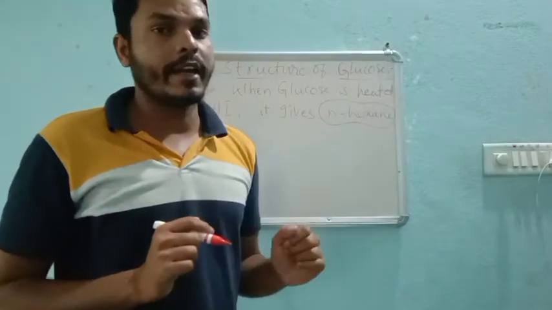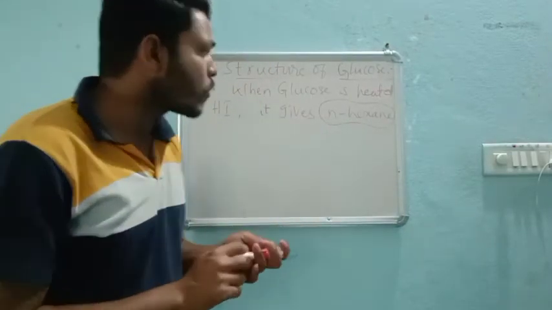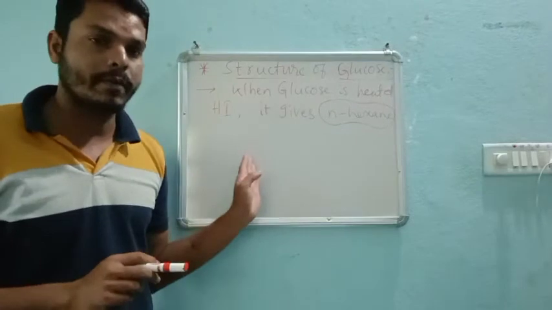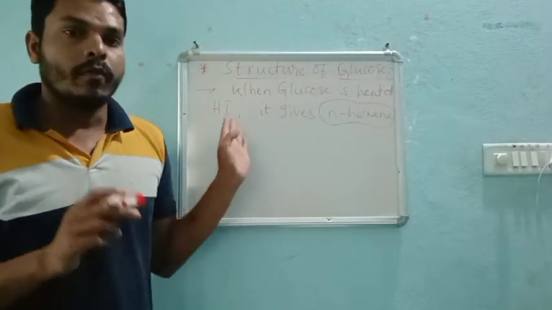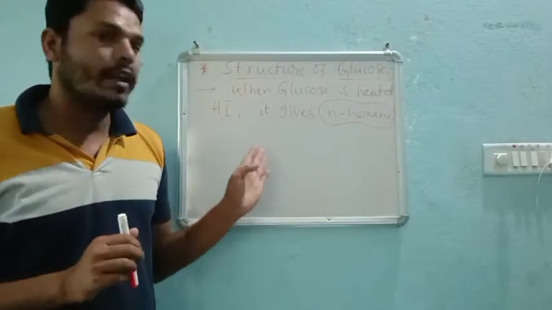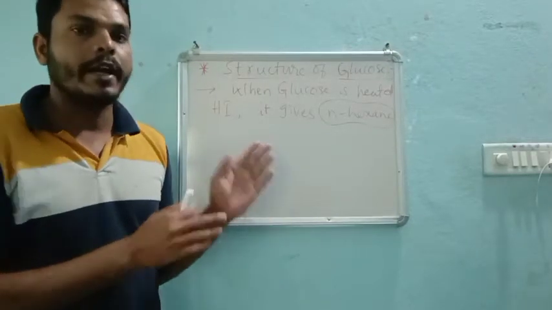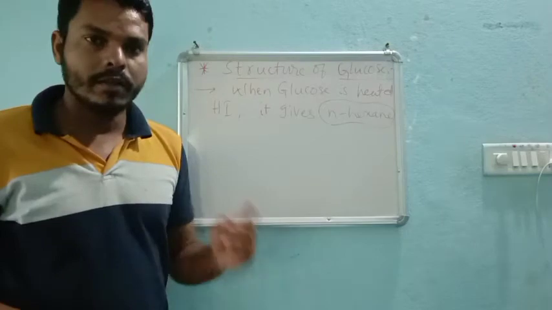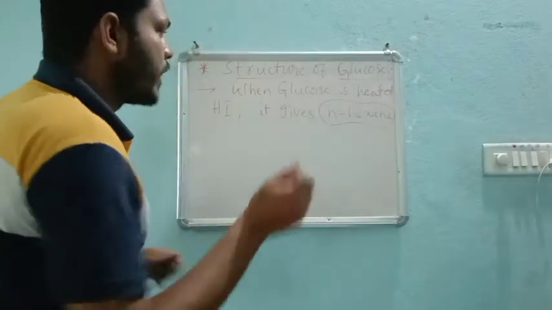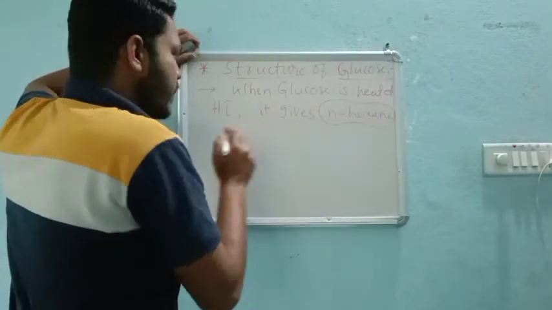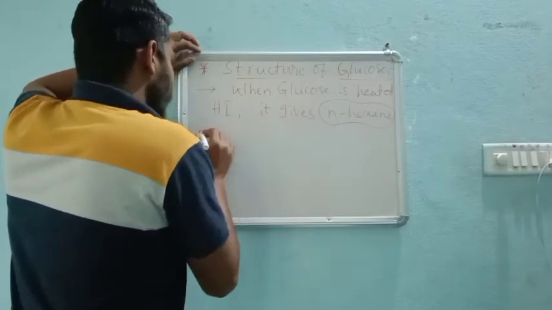What does it indicate? The way they will ask the question in your exam is: the formation of n-hexane on reaction with hydrogen iodide indicates what, right? So that is the first type of question. So we will complete the sentence.